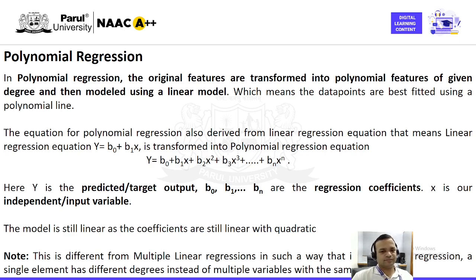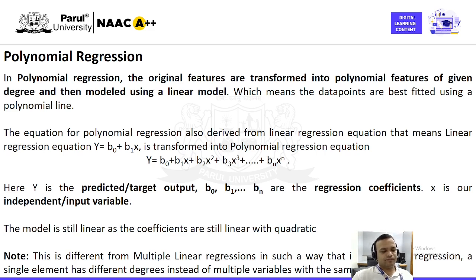You can see here, y is the target output, you can say predicted output. b0, b1, bn are the regression coefficients. x is our independent variable. The model is still linear as the coefficients are still linear.